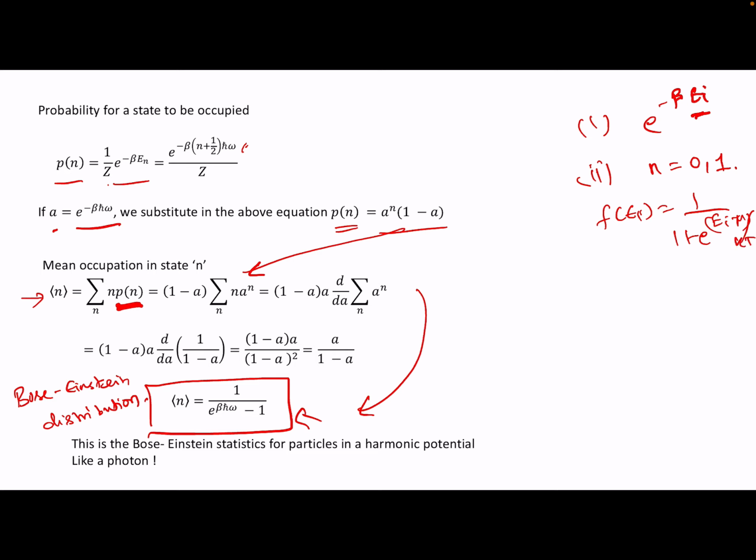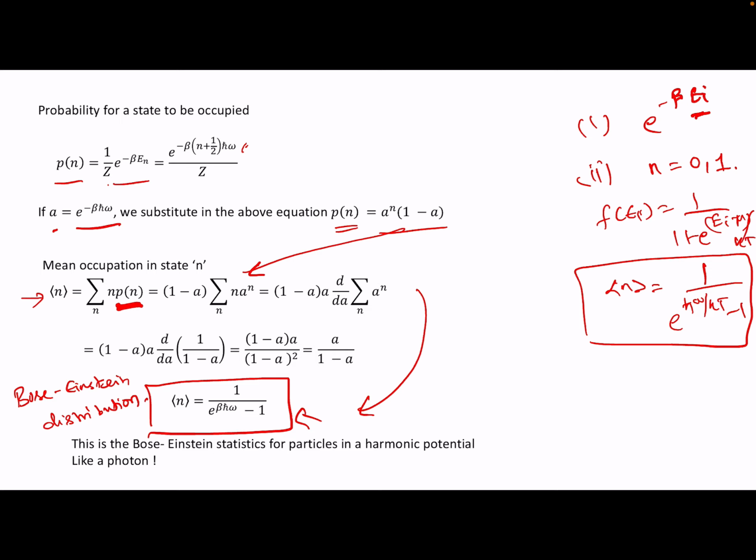We derived this. And now we come to the Bose-Einstein distribution, where the mean occupancy is given by 1 by e power h cross nu by kT minus 1. This is the Bose-Einstein distribution, right?